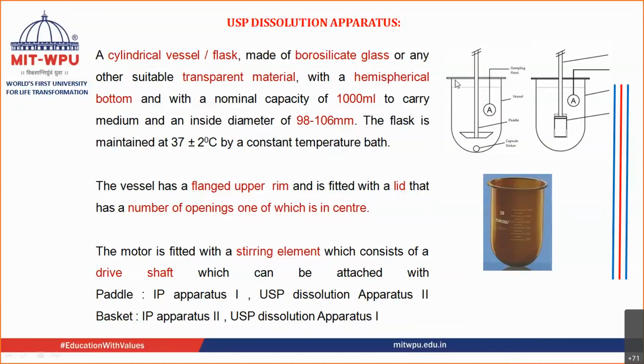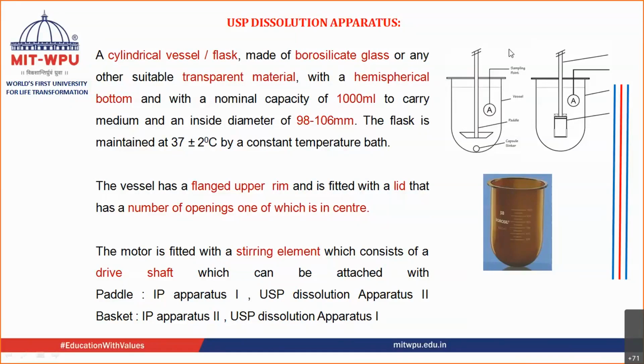This cylindrical vessel is put inside the water bath. It consists of a flange rim. This flange rim helps to place the lid onto this vessel, or flask. This lid has a number of openings. Through the central opening, you place the drive shaft.